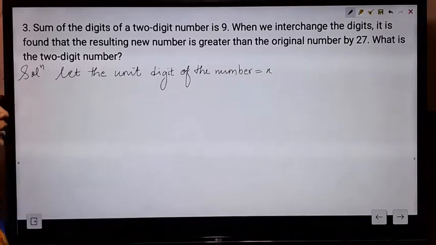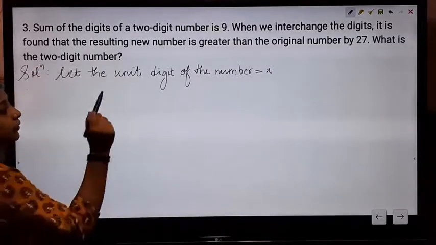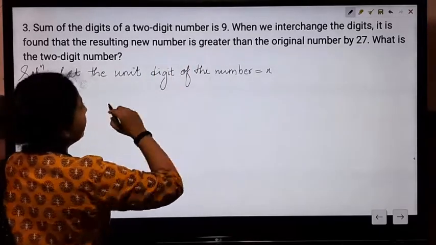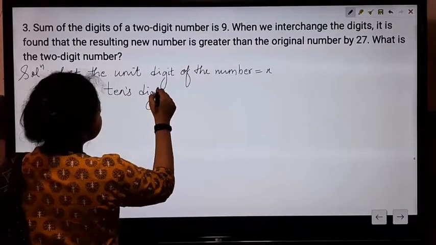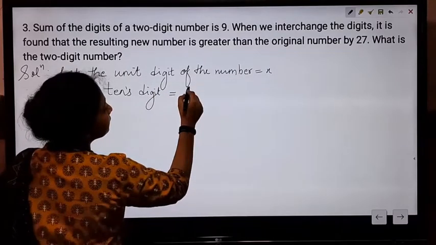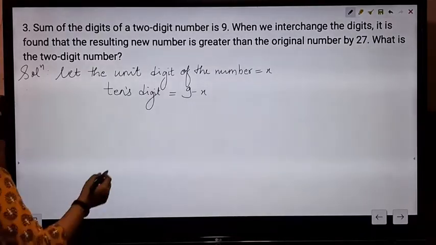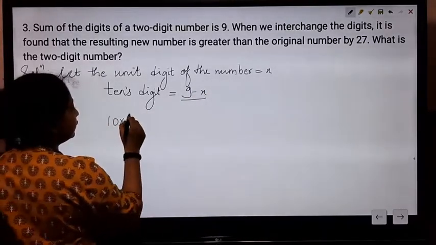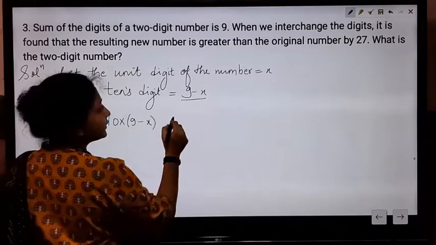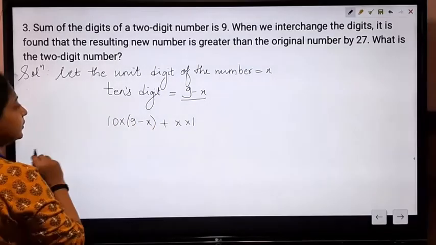If the unit digit is x and the sum of x and the other digit is 9, we can consider the tens digit equal to 9 minus x. So what should the number be? The number should be 10 into (9 minus x) plus x into 1. This should be our number.